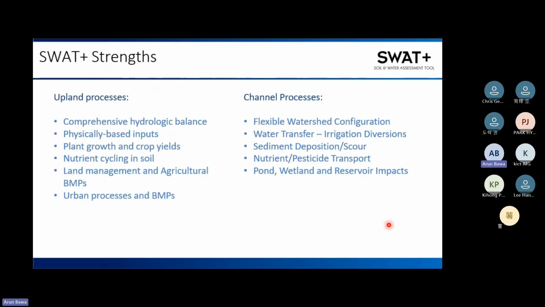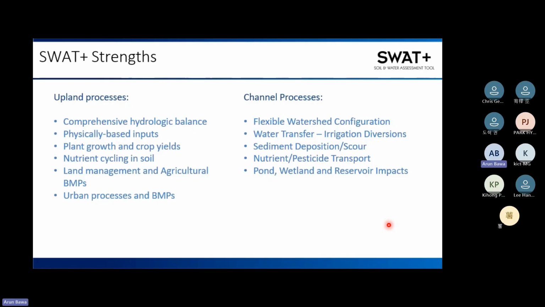As we are discussing SWAT's strengths, it has a lot of strengths: you can make it as detailed as you want, and you can make it as computationally efficient as you want, compromising on that detail. You can define each of those inputs, each of those land-based processes.